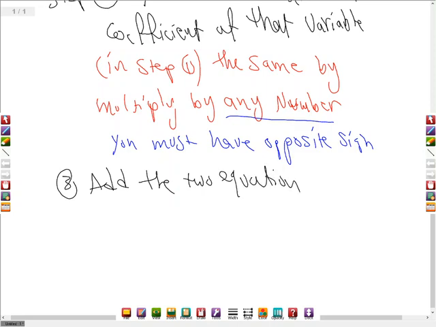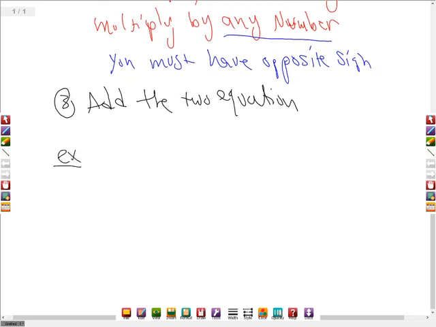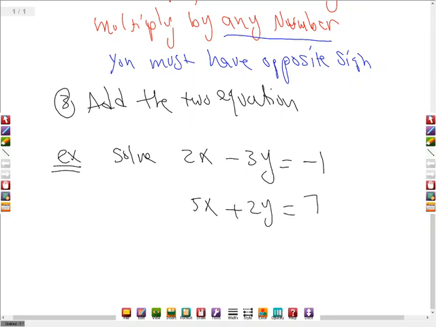Let us take an example. Solve 2x minus 3y equals -1, and 5x plus 2y equals 7. Look here, we have two equations, the first one and the second one. Which variable do you want to eliminate?